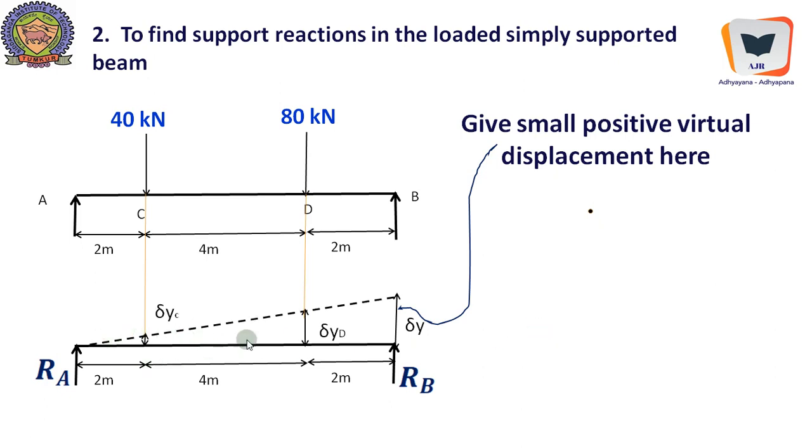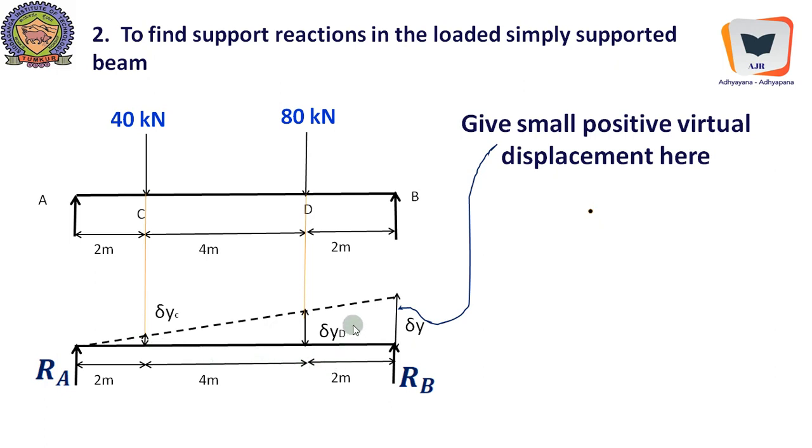Now the entire beam moves up in this particular fashion, and there is a corresponding displacement proportional to del y, some percentage of del y going over here vertically up. There is also a proportion of the displacement that will happen over here under the load 40 kilonewton.